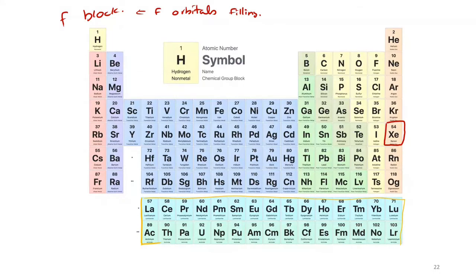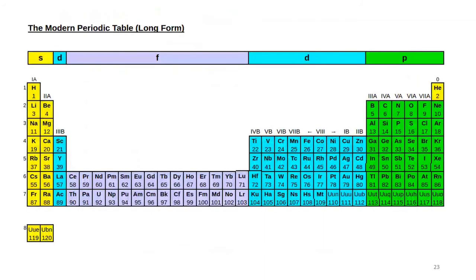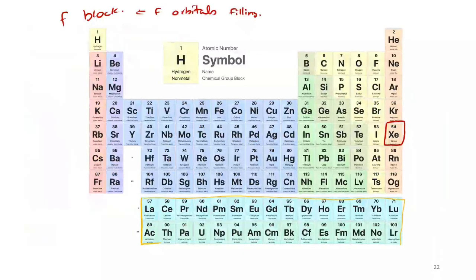If you see this type of representation of the periodic table, sometimes we call it the long form. The other forms you saw were more like a short form or a condensed form.